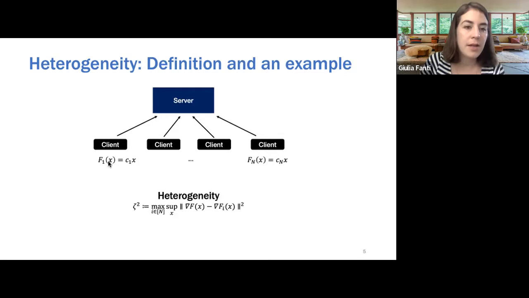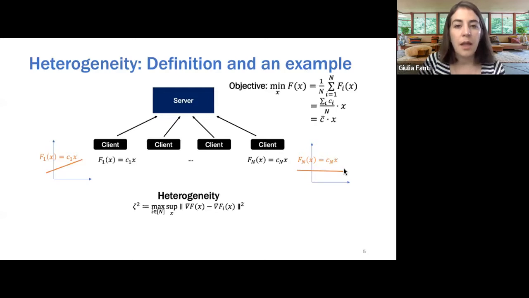Okay, so client 1 has one linear function, client N has a different one, each of them with different slopes. And our global objective is to optimize the average of all of these local objectives. Because they're all linear, we just end up with a linear function where the slope is the average of all of the local slopes, which I'm calling c bar.